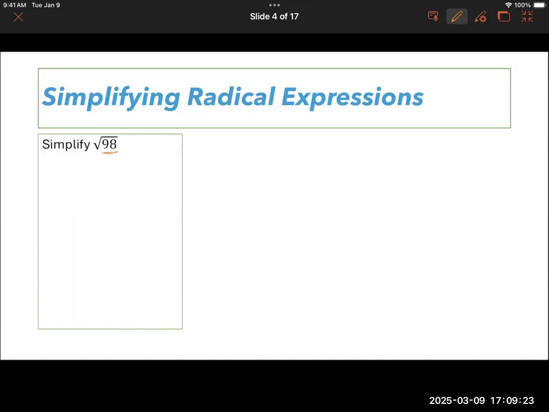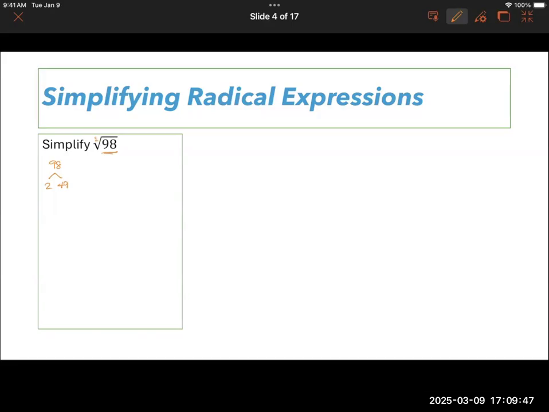Now, there's a couple ways you can do this. Some people will think about it in terms of trees and just kind of splitting them up into what the factors might be and continuing on until you get enough information to tell if you have a perfect square or not, because this is a 2 technically for an index.